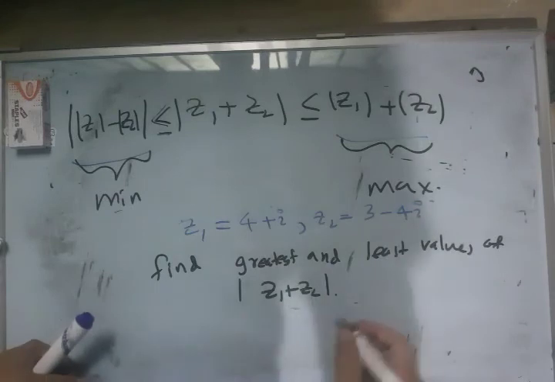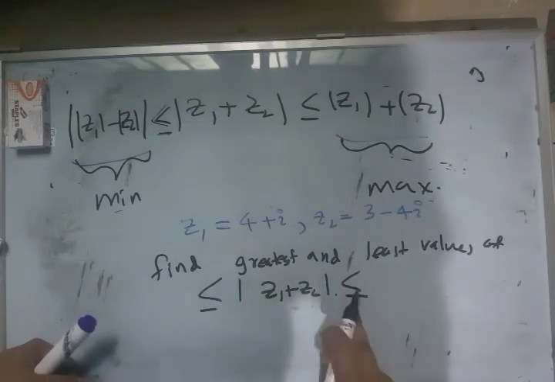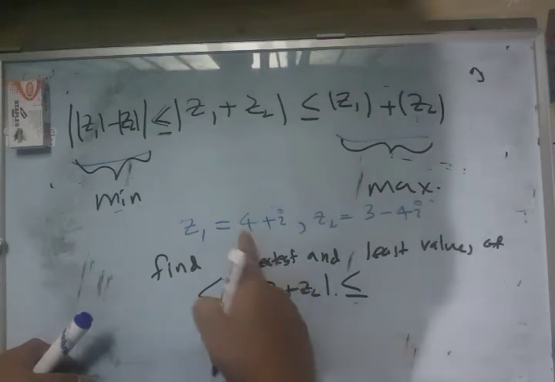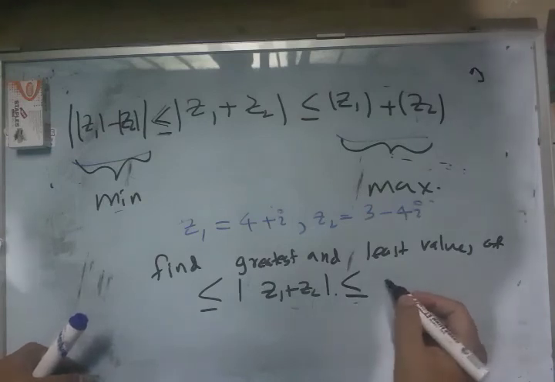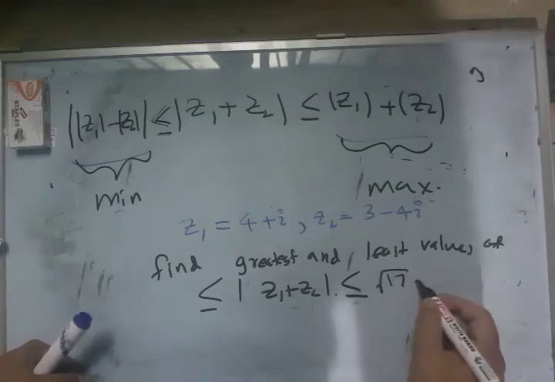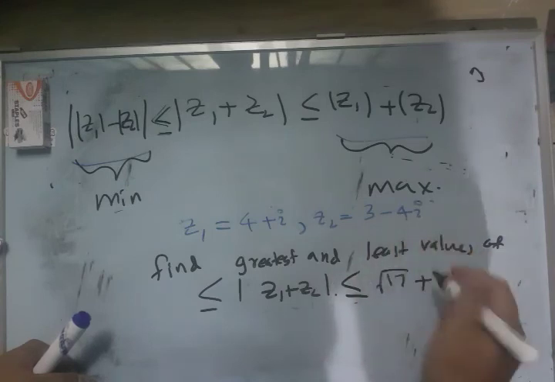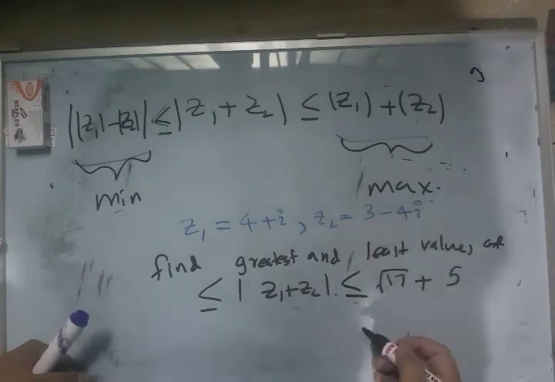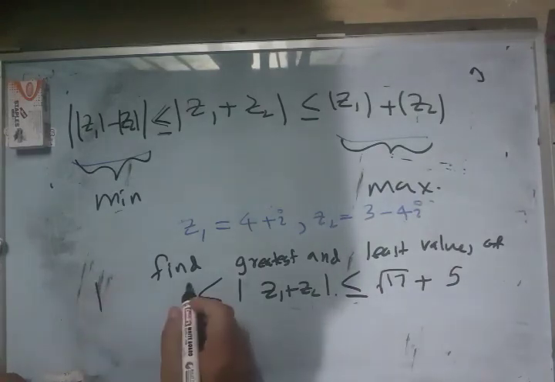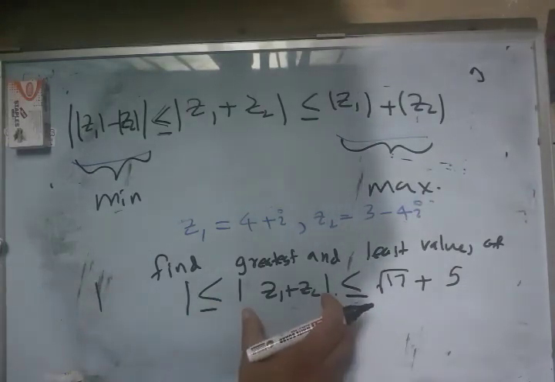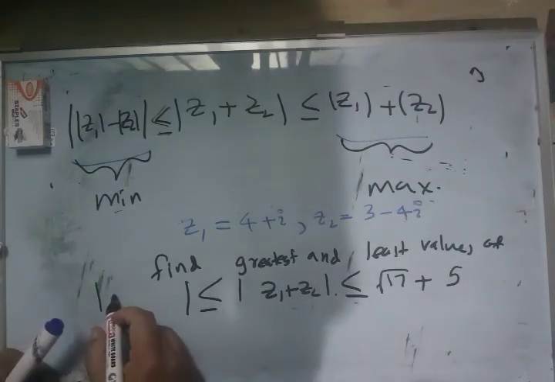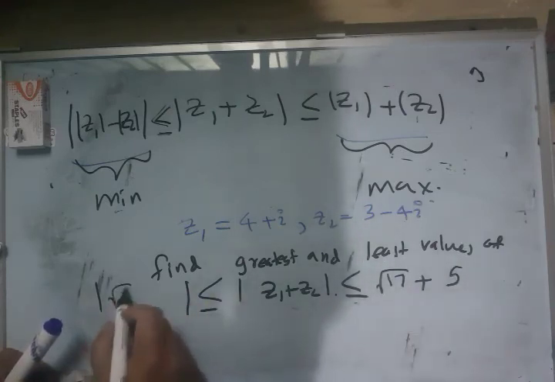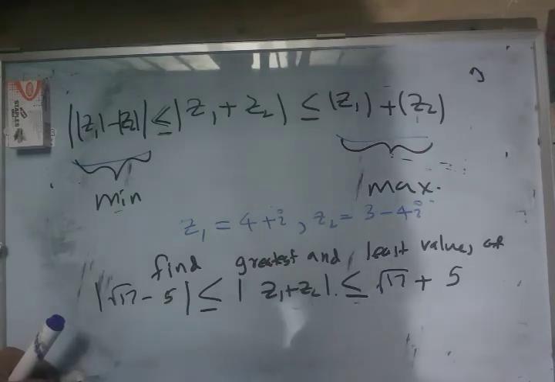From theory you know that the modulus of Z1 plus Z2 is less than the sum of the moduli. So here the modulus of Z1 is the square root of 17, plus the modulus of Z2, 9 plus 16, so this is 5. And the least value, since the modulus will always give you a positive value, that's why we have the modulus here, is the difference between the two moduli, root 17 minus 5.